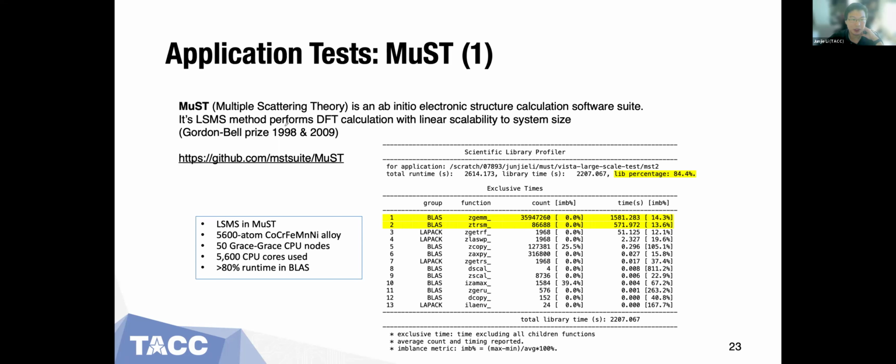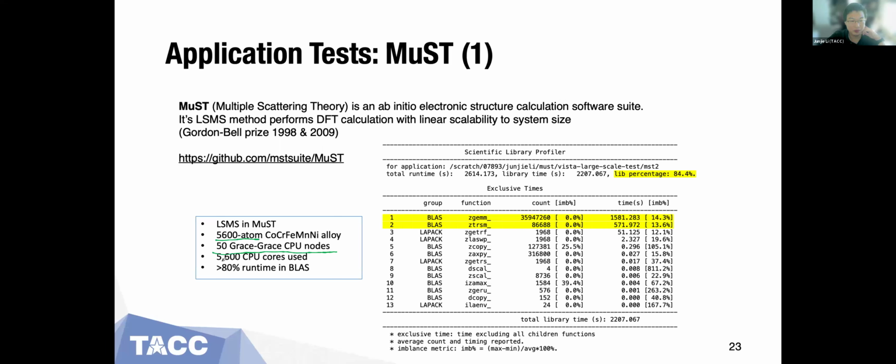It's a suite, and the test case here is the linear scaling DFT. The test case I used is a 5,600 atom alloy system. I collected this profile on 50 Grace CPU nodes.